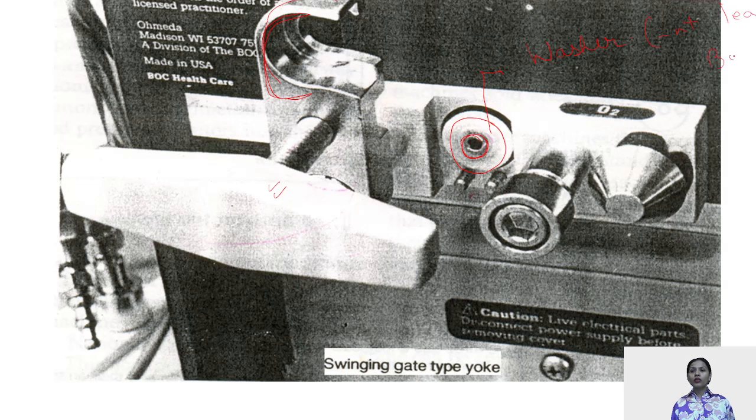This is also known as Bodok seal, made up of neoprene. And only one washer is present. Absence of washer or two washers can cause the wrong cylinder to get attached to the pin index. So please remember, there is only one washer that is present around the nipple.